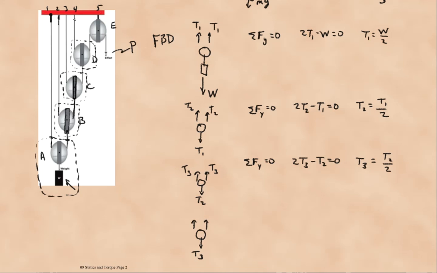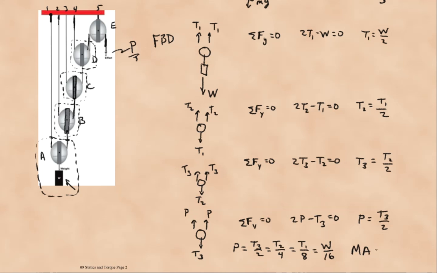Now notice for this one, cable number 4 is the one that has a tension of P in it. So this system of pulleys gives me a mechanical advantage of 16. I can produce a force of W by only exerting 1/16 of that force.